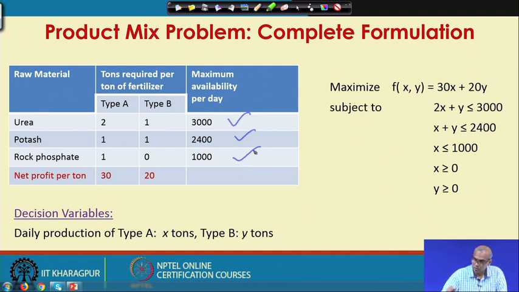So, these are explicit constants, and then two non-negativity or implicit constants, which are x greater or equal to 0, y greater or equal to 0. So, this represents the complete formulation of the product mix problem.